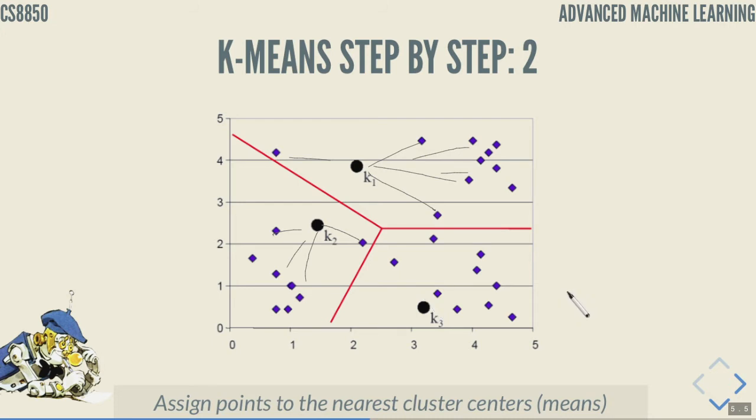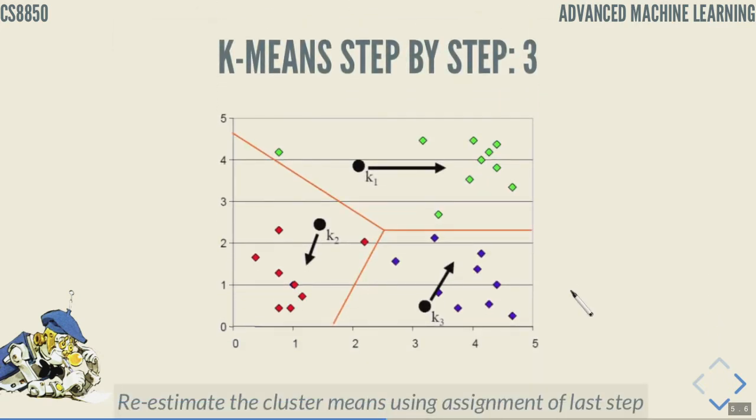That's step 2. Then in the third step, we took our assigned points and recomputed, updated the mean. That was our first original guess, but now we recomputed the mean. What is the mean of the new assignment?